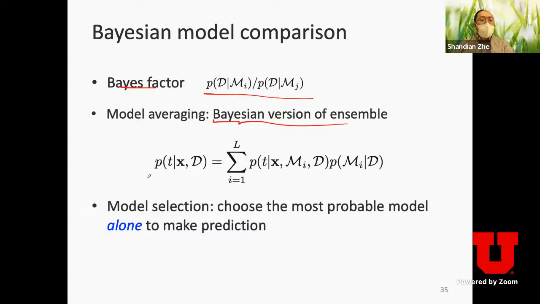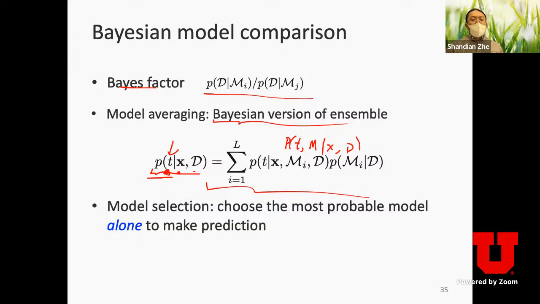But this ensemble prediction is also done within a Bayesian probabilistic framework. If we want to give the final predictive distribution of the prediction given this test input and the training data, we essentially view it as the marginalization of the joint posterior distribution of the prediction and the model given the test input and the training data.